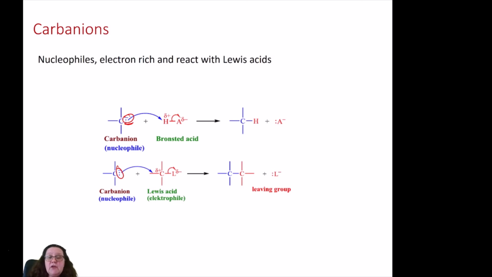Imagine this is hydrochloric acid or hydrobromic acid, and it will attack the section of the acid that has the partial positive charge, and it will break the bond between the hydrogen and the heteroatom, let's say a chlorine or a bromine. And you end up with a stable organic compound and the counteranion of the acid leaving the molecule. And we call that section of the molecule that leaves, that is eliminated, the leaving group.